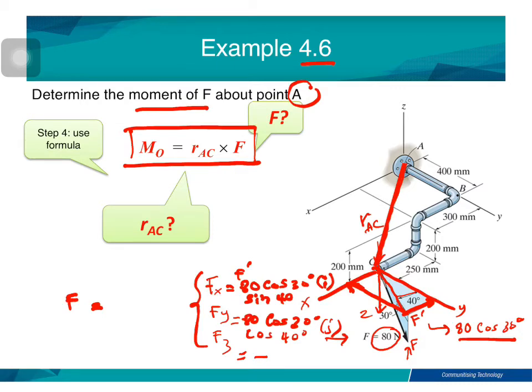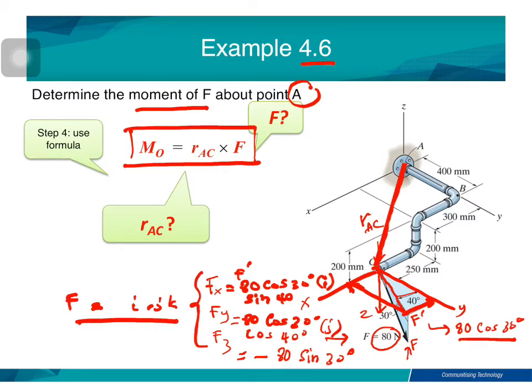So we are using this 30 degree, right? So this 30 degree, Fz is equal to negative 80 sine 30. Right, so you can have the magnitude here, then you can get what is the F in Cartesian here. I, J and K.